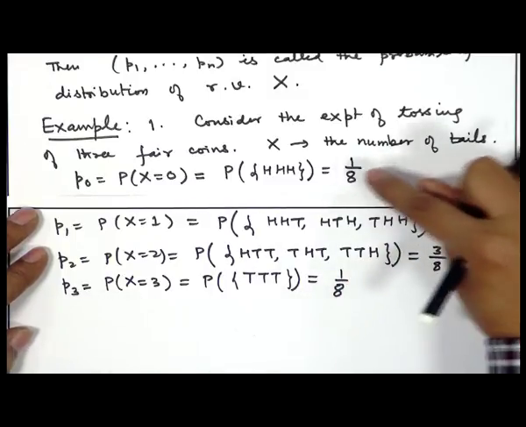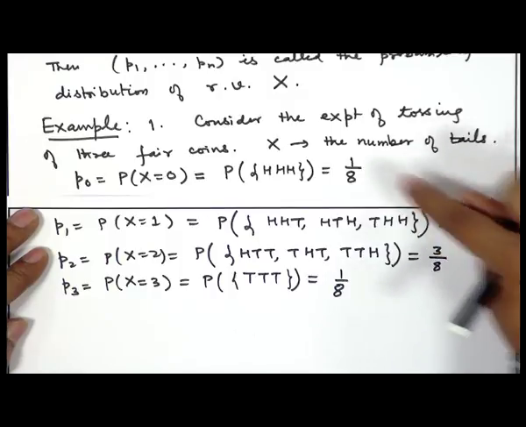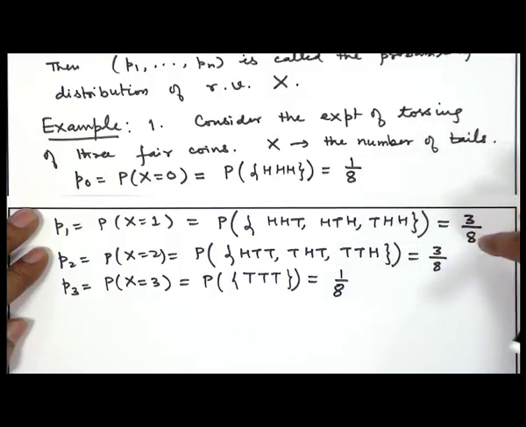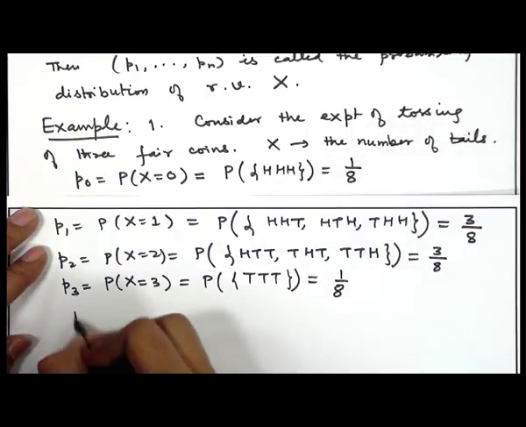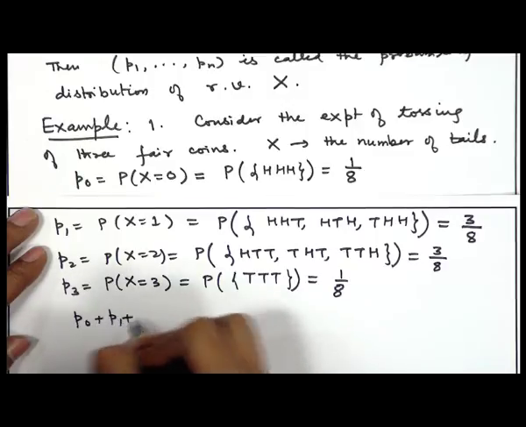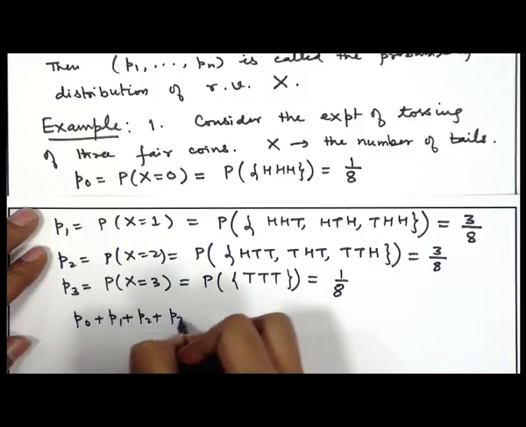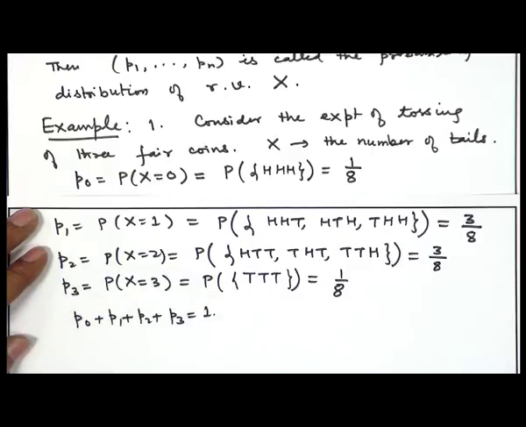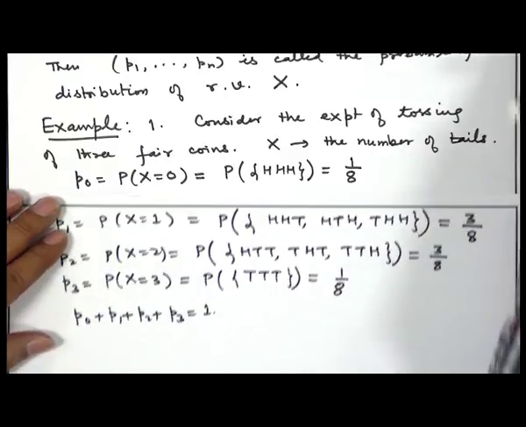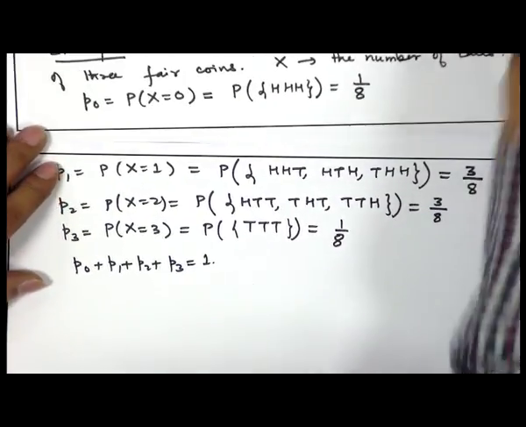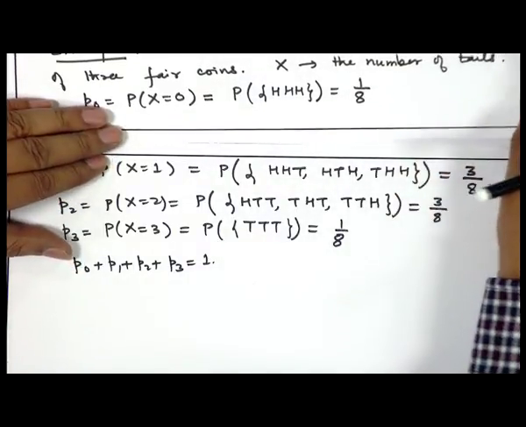So, if you look at the sum of these, it is equal to 1 plus 3 plus 3 plus 1 over 8, that is 8 by 8. So, that is 1. You are having P0 plus P1 plus P2 plus P3 is equal to 1. So, this is a valid probability distribution here.